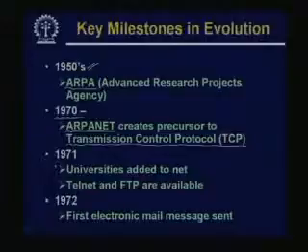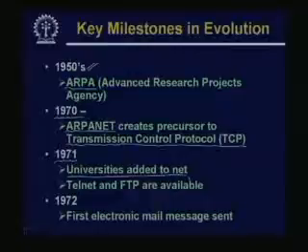In 1971, the universities were added to the network. The main purpose was that many of the defense funded research projects took place in the universities, and ARPANET felt that universities should be part of the network. Some basic internet services like Telnet and FTP were made available.